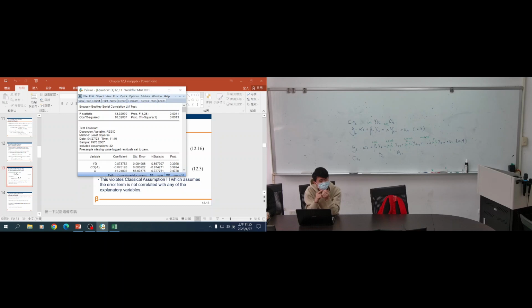I'm trying to make ARCH and GARCH as simple as possible, because there's a lot to talk about, and you need to know the basic foundation. So I won't talk much about ARCH and GARCH, but I will talk about them, so you will at least have the basic foundation.